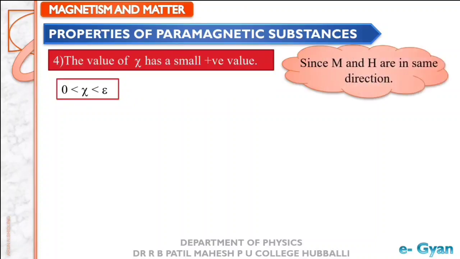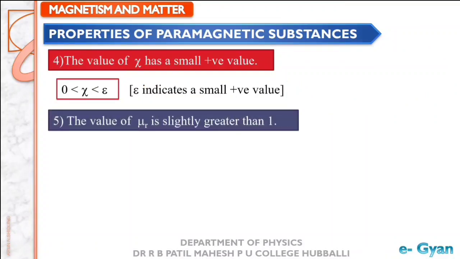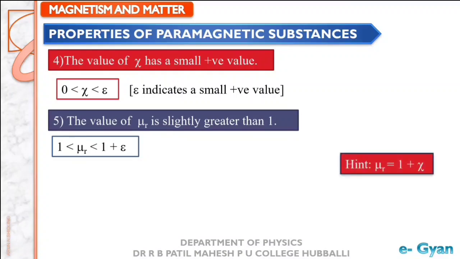Let us take the fifth point. The value of mu r is slightly greater than 1. That is, mathematically 1 is less than mu r is less than 1 plus epsilon. We write this using the relation mu r is equal to 1 plus chi.